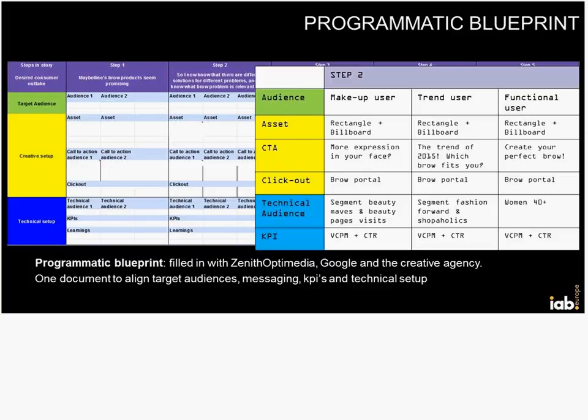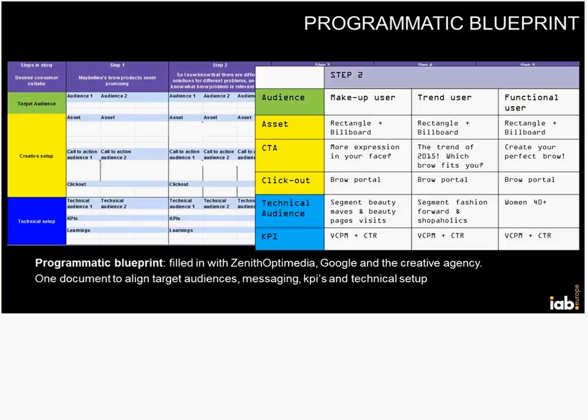So now I'm going to tell you a bit more about how we built this campaign and the process towards setting up this campaign. When we first got together with all stakeholders involved, we defined which audiences we were going to reach, in which way, and what we were going to tell them.